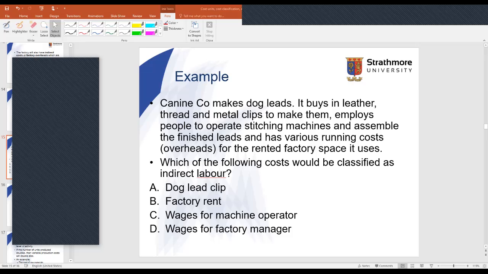Teacher, I think the answer is D. Yeah, the answer is D. I agree, but I'm asking: let's say the CEO is paid, how is it classified? Hamida.